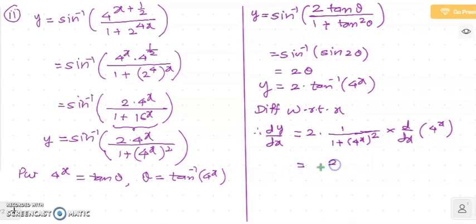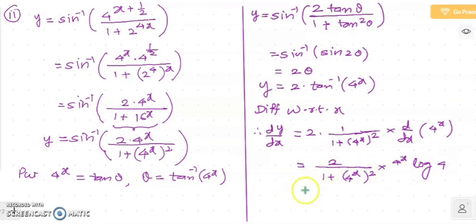This is 2 upon 1 plus 4 raised to x raised to 2, into this derivative, which is 4 raised to x log 4.